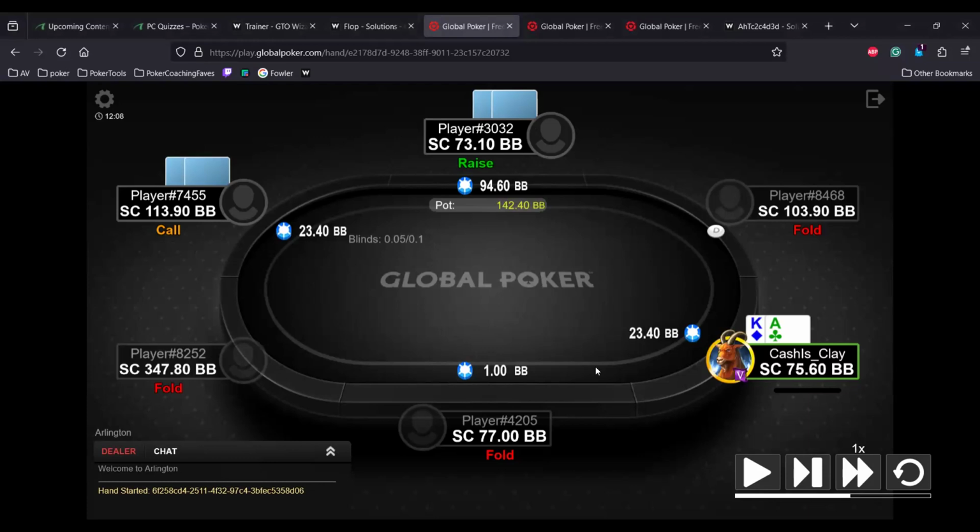Yeah. Even with a reg, I think that when player 7455 calls your bet, which is a GTO mistake, player 3032 should expect that his jams get called somewhere by one of the two of you. That's a good point. So his bluffs, let's say he has ace 5 suited as his bluff hand.